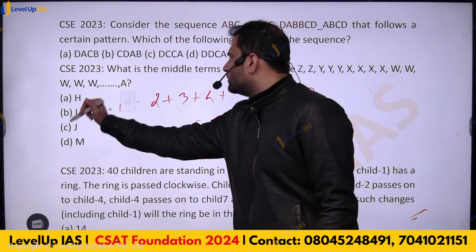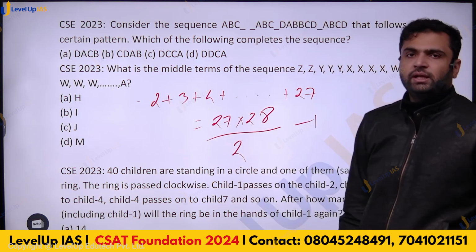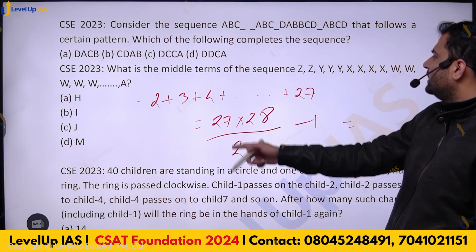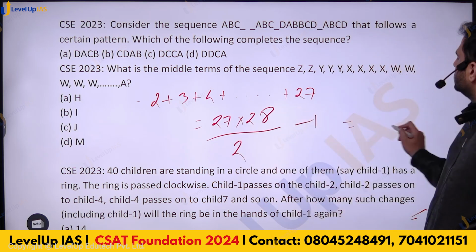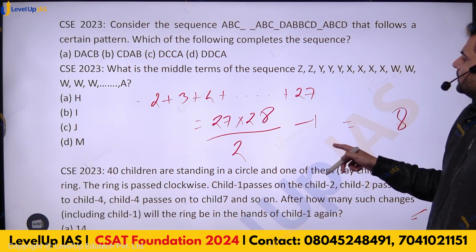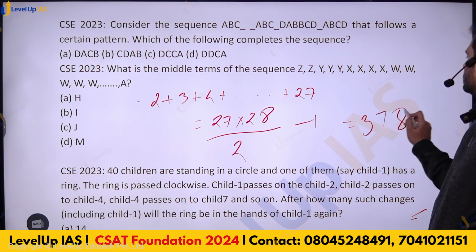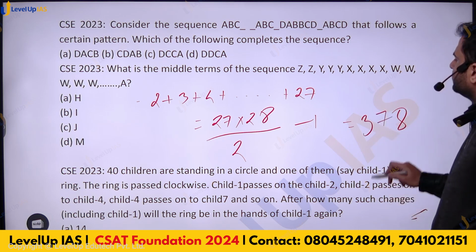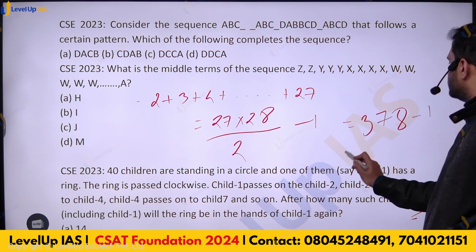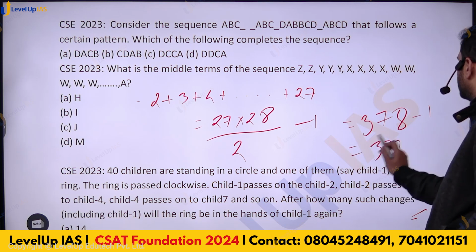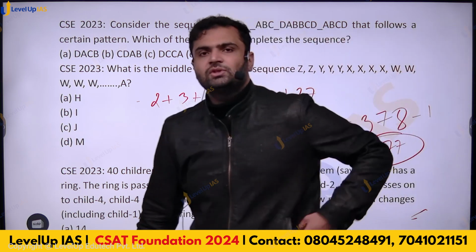So this sum is going to be this minus 1, which is equal to 14 into 27, which is 378, minus 1 equals 377. So that is the total number of terms in this sequence.